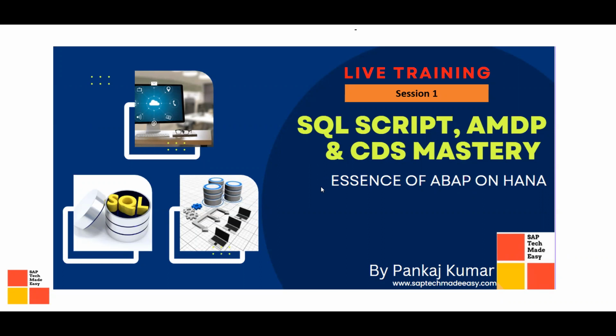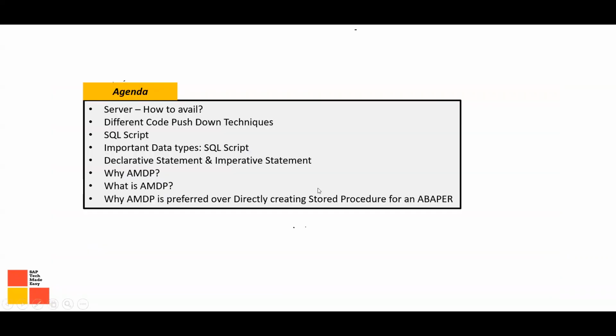In this first session, we are going to learn about what code push down techniques are, and what the different code push down techniques are. Then we will be learning about the introduction of SQL Script and important data types in SQL Script.